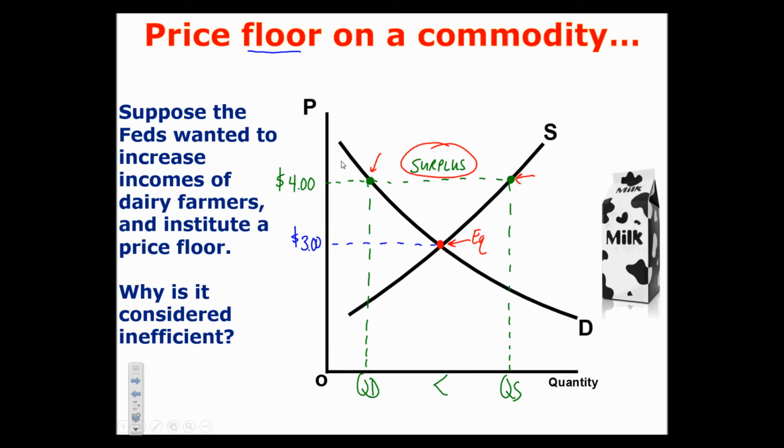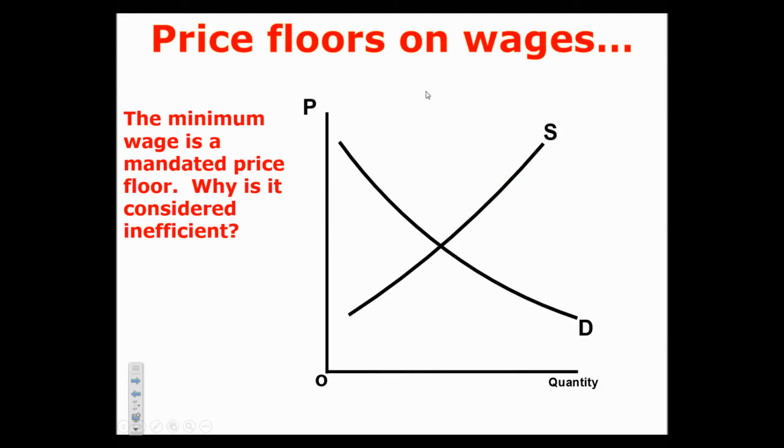Now, we do less and less of this with commodities, simply because people can demonstrate this, and it makes no sense. An even bigger political issue, though, is the price floor that we actually do have in the labor market. Okay? So if you look at the marketplace for, we're going to call this unskilled labor, because that's really what the minimum wage applies to. It doesn't apply to people who make a lot of money with skills.